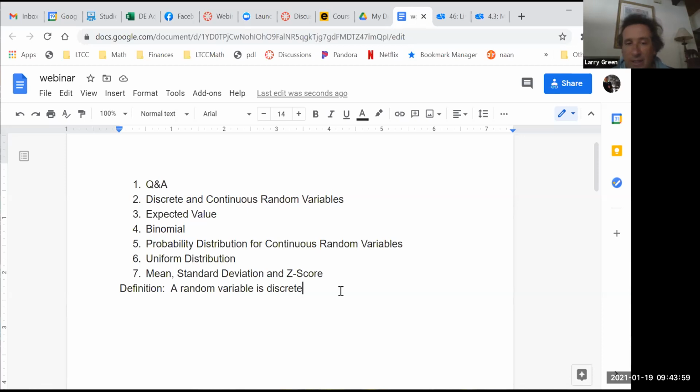It's all the different answers that can happen in your study, and it is discrete if all the possibilities can be listed.